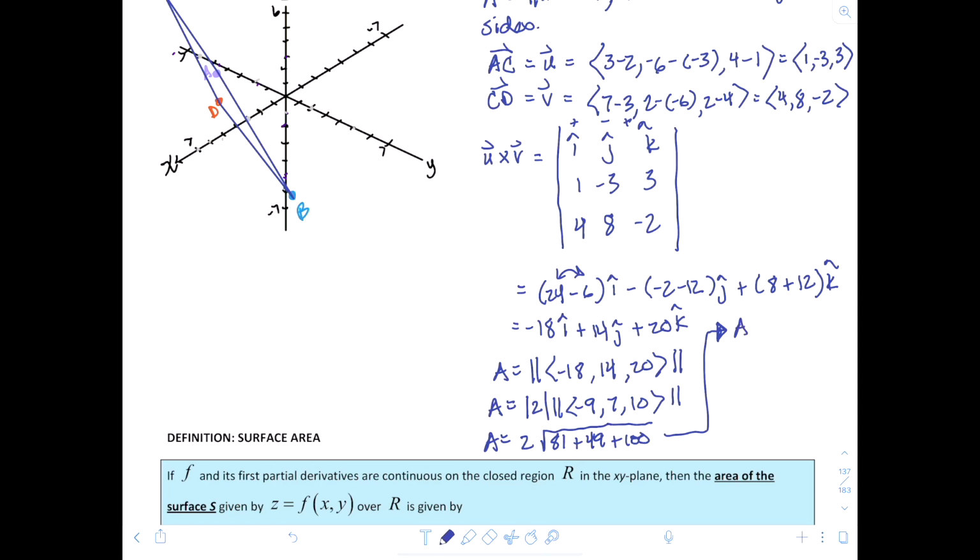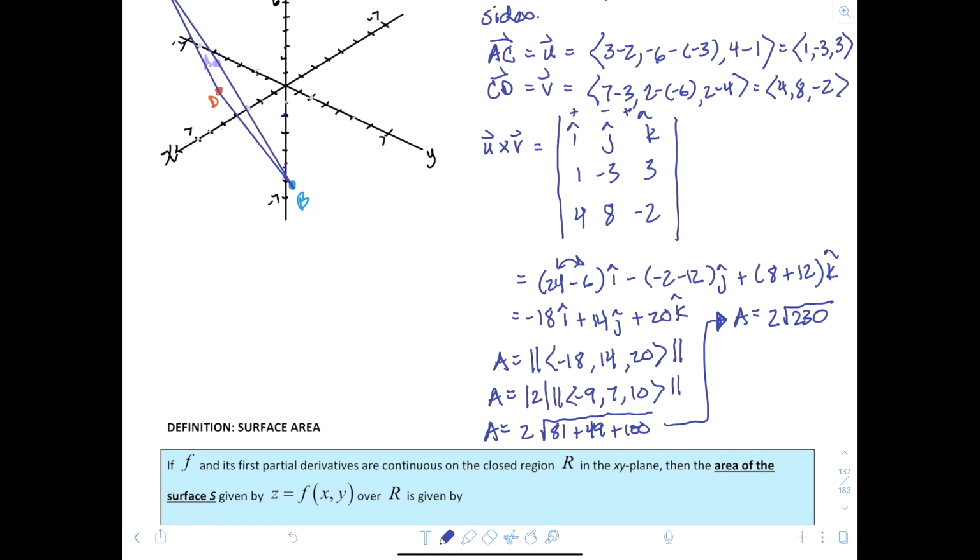So our area will be 2 root 230, and I'm not sure if that can be reduced anymore, but let's just go ahead and call it that. That's in square units.